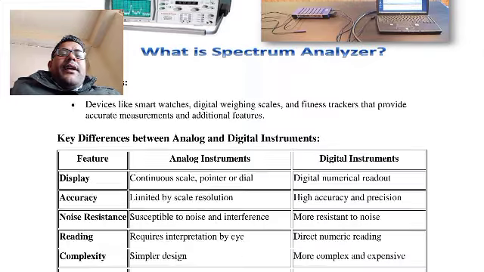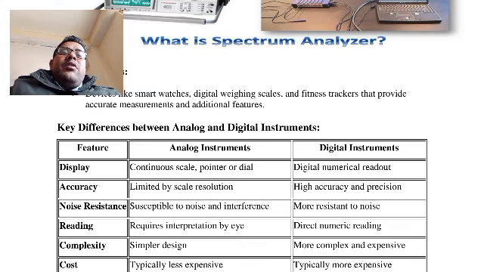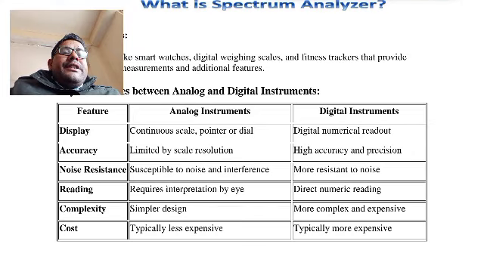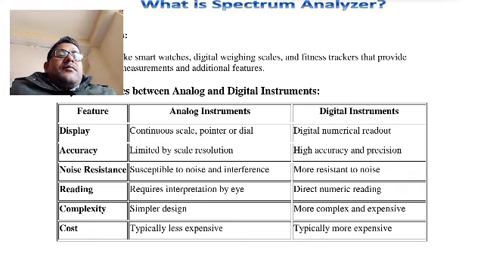Second, accuracy. The accuracy is limited by scale resolution in the case of an analog instrument, but digital instruments are more accurate and precise. For discussing this point, we should know what accuracy and precision are. The definition of accuracy is the degree of closeness between the true value and the measured value. Suppose this is the true value and this is the measured value. How close these values are to each other is the accuracy.